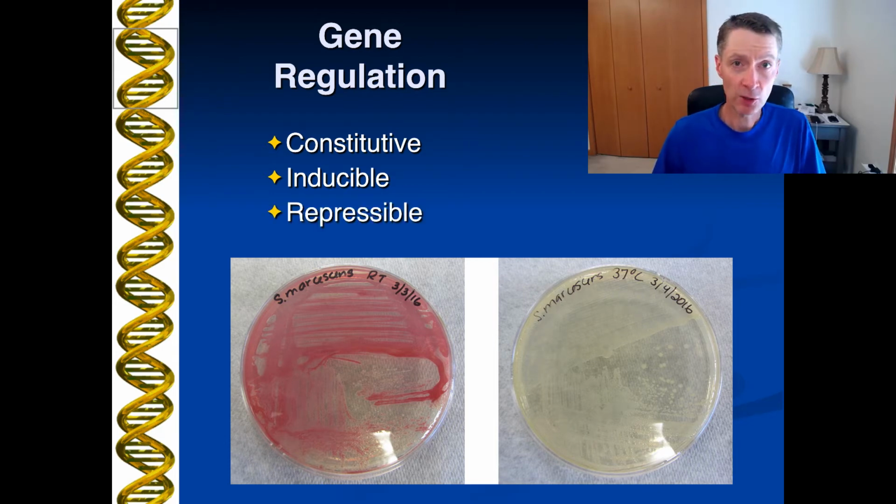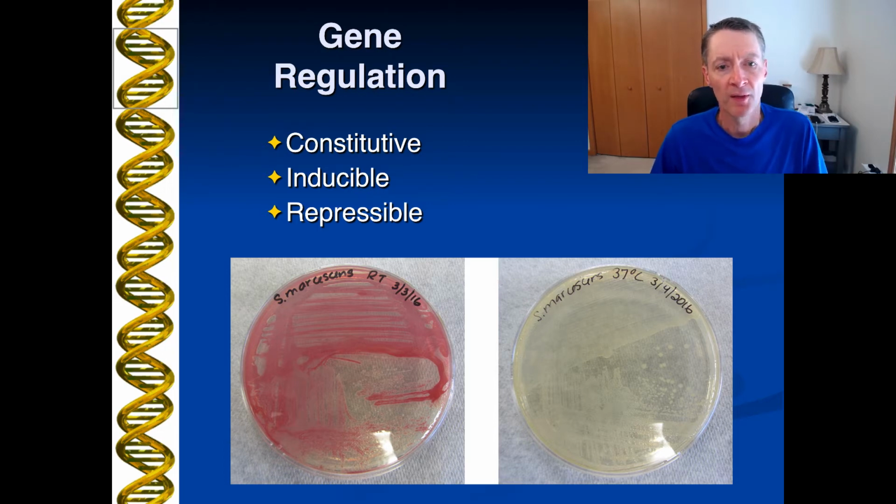Now, repressible operons, sequences of genes now that are repressible, this would be for the production of a product, let's say, that's very energy consuming. You only want to make that product again when it is necessary, okay?